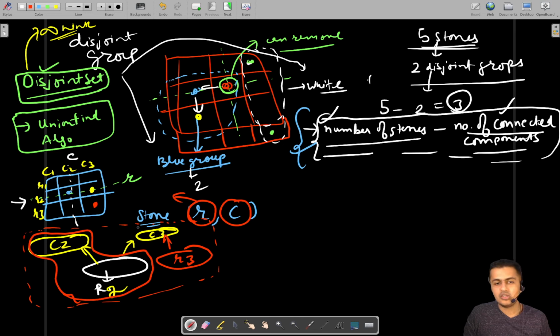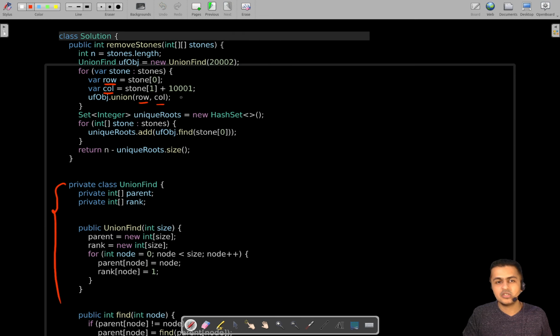When you keep grouping rows and columns like this, you will have the stones which are sharing either a row or a column together in a single group. That's why we are using this kind of logic. Union is just that we are forming a group.